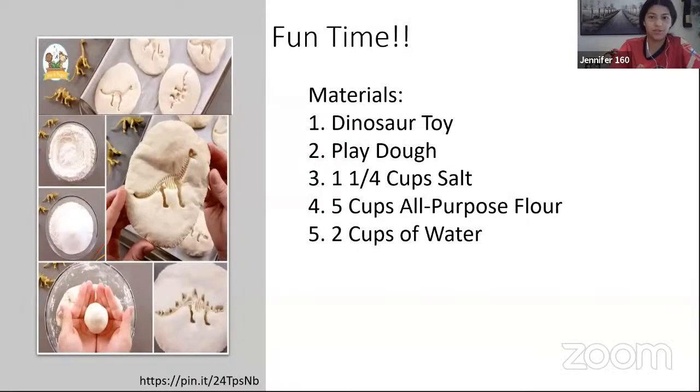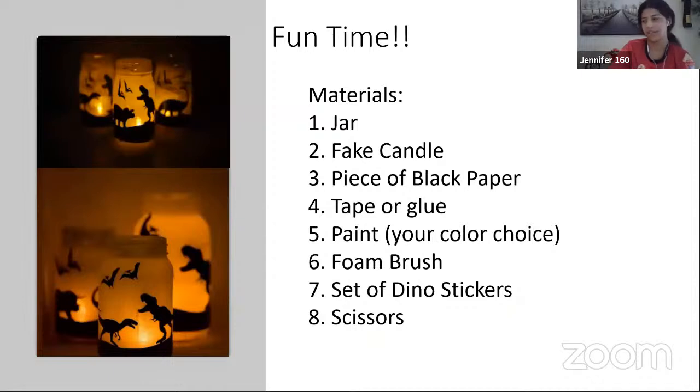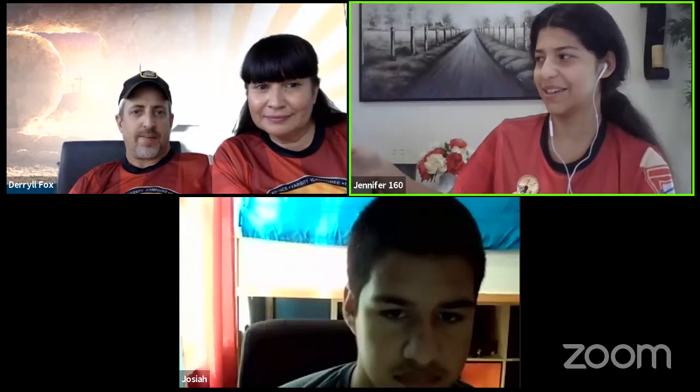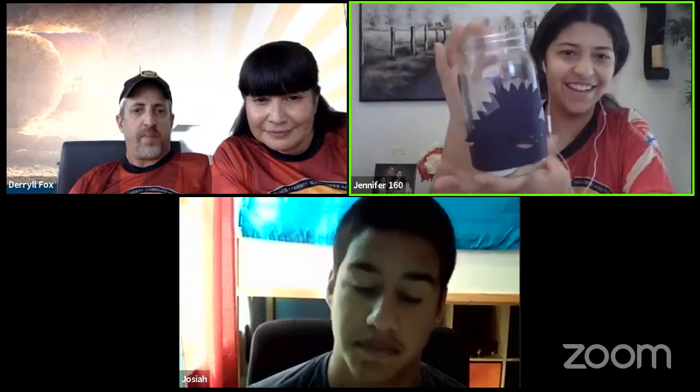Another activity you guys can do. There's three of them in total actually: the ice dinosaur, the dinosaur footprints or the dinosaur fossil, or this dinosaur lantern. Now, I didn't have much time to put together my jar, so it's going to look something like this. It looks okay.